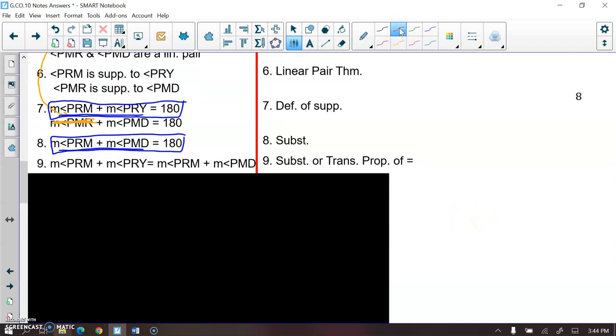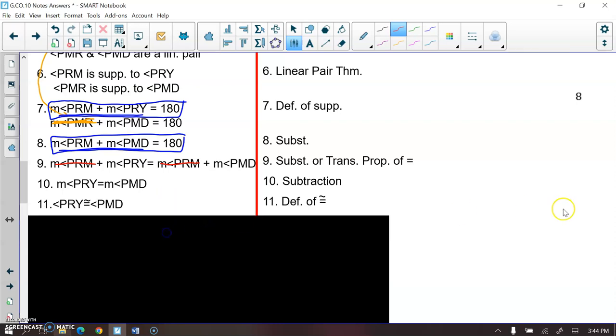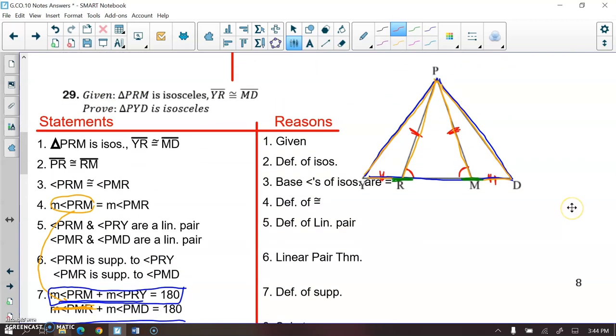And since both sides of this equation have PRM, I can subtract that from both sides to get this. And since they're equal, by the definition of congruency, I can say that they're congruent. So going back up to my figure, now I just proved that angle PRY was congruent to angle PMD.